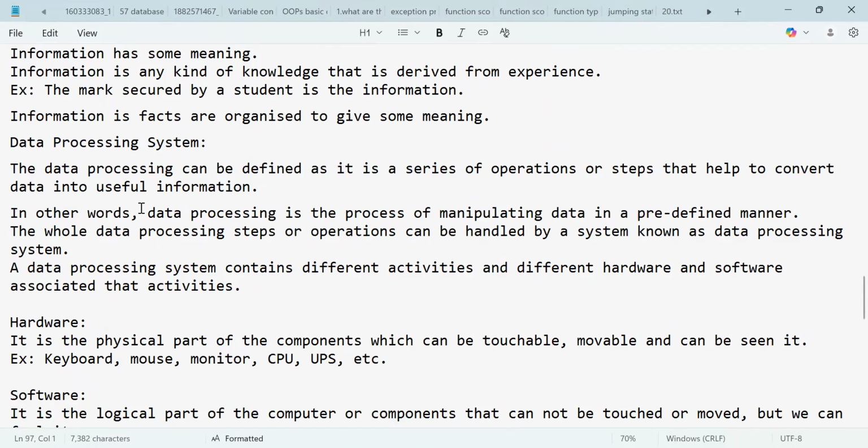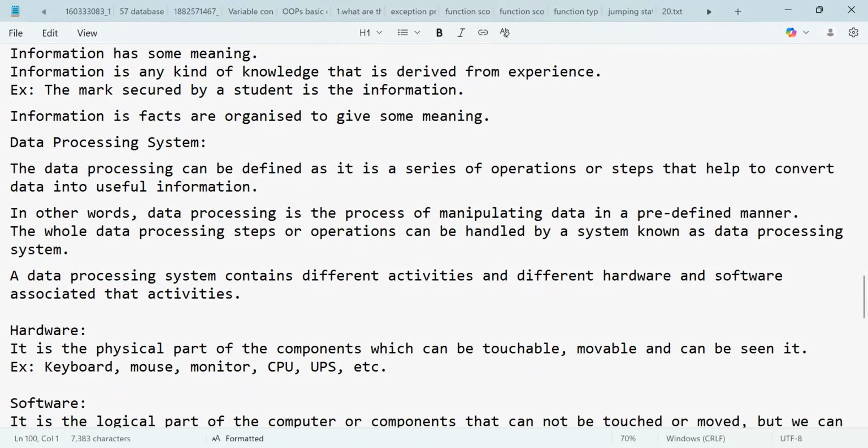In other words, data processing is the process of manipulating data in a predefined manner.